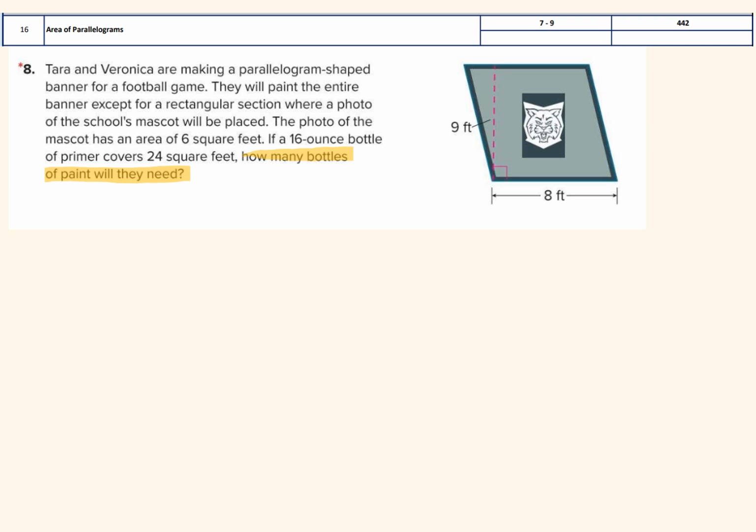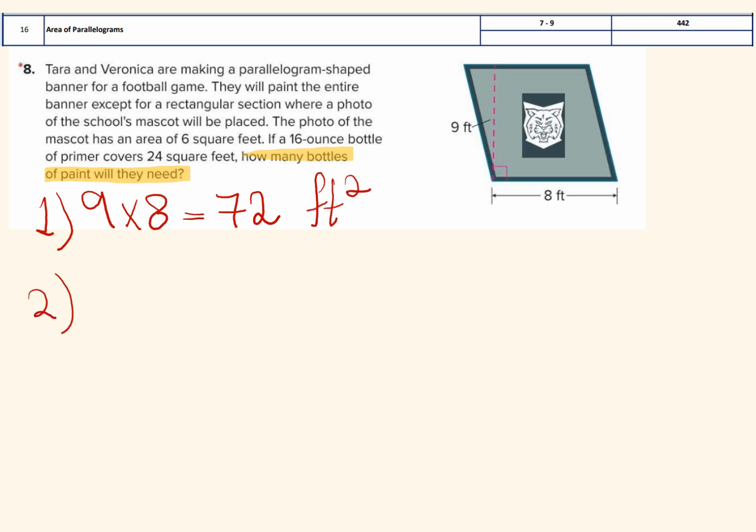Let's get started. First step is to find the total area, which is 9 times 8, which is 72 square feet. Then step number 2 is to subtract the area of the rectangular section, which is 6, from 72 to get 66 square feet.